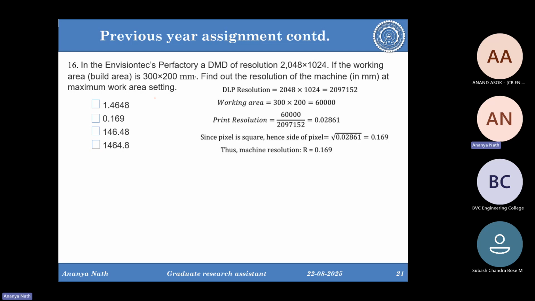This term, minimum feature size, is a very common term when we talk about additive manufacturing. People can ask you, what is the minimum feature size possible in this machine? So it is basically the resolution. If it says find the resolution in millimeter, you have to just take the root to get it in millimeter as it's square. If it says in millimeter square, then this is the answer.